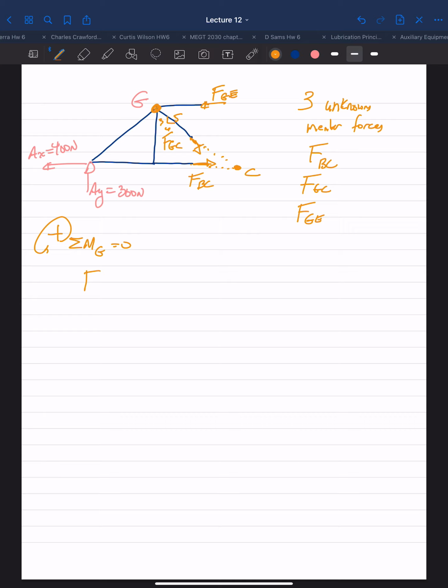So that'd be FBC, the perpendicular distance being 3 meters. AY causes clockwise rotation about point G, so it's negative. Perpendicular distance is 4 meters.